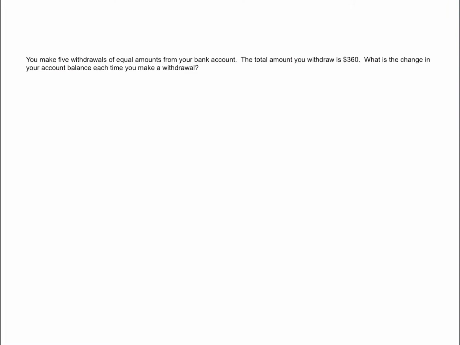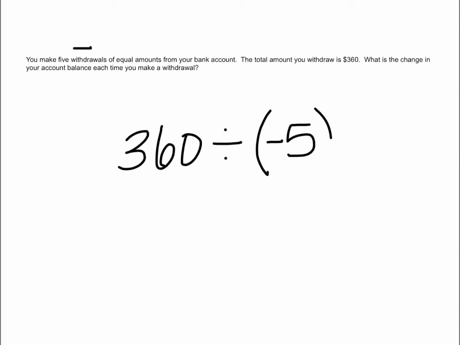Okay, let's apply that to our own question. If you make 5 withdrawals of equal amounts from your bank account, the total amount you withdrew is $360. What is the change in your account balance each time that you make a withdrawal? Okay, withdrawals means that you're taking money out, so that's a negative. So 360 is our total, but that was between 5 withdrawals.